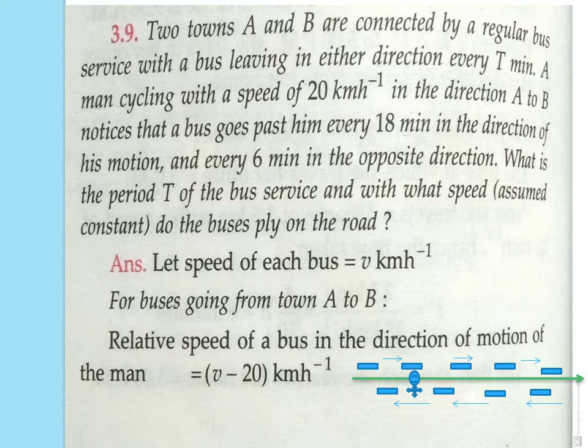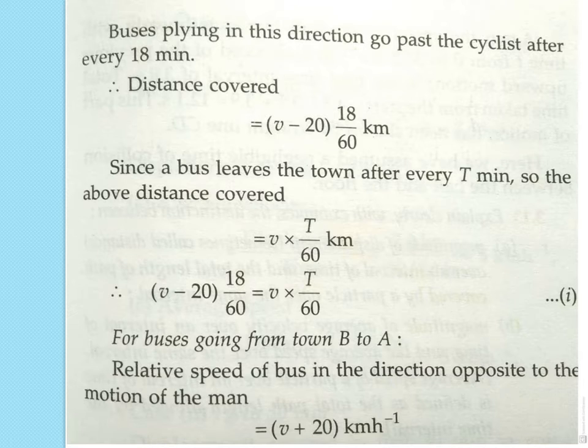Let the speed of the bus be v km per hour. When the bus is moving from A to B, the cyclist is also moving from A to B. The relative velocity of the bus in the direction of the man is v minus 20, and the buses are crossing the cyclist every 18 minutes. So distance travelled will be relative velocity into time.